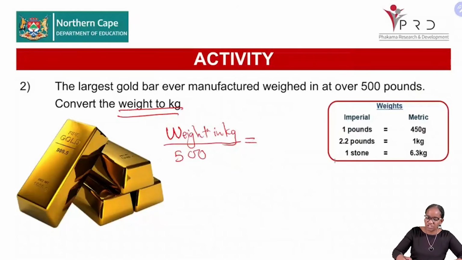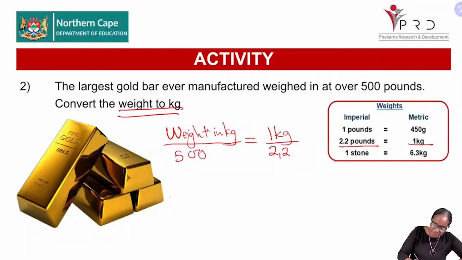So our conversion should be the metric over the imperial, because we have kgs over pounds. So we'll have 1 kg over 2.2 pounds. Again, we do the maths. We multiply both sides by 500. Then we're left with weight in kilograms being equal to 1 over 2.2 times 500.